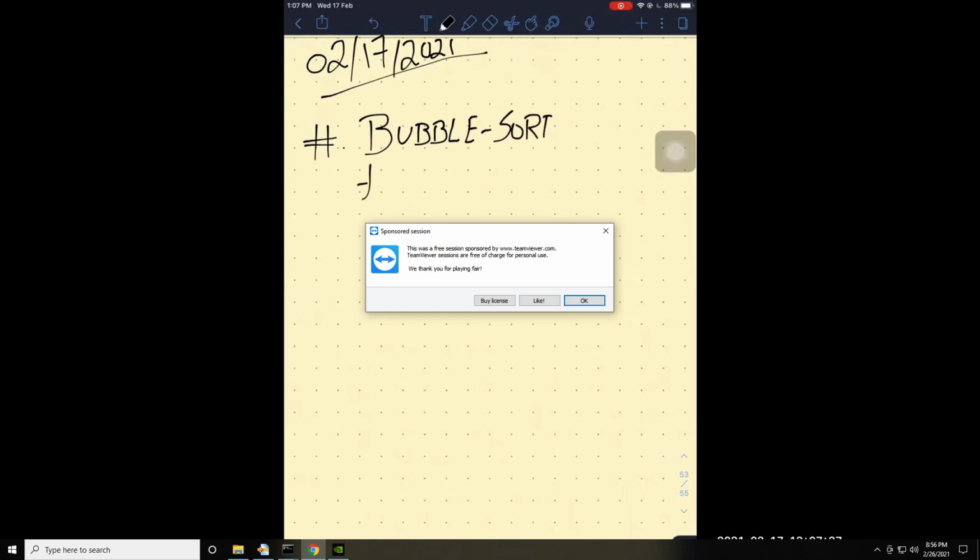So the bubble sort algorithm is: for i equals 1 to n, we have another for j equals n down to i plus 1.